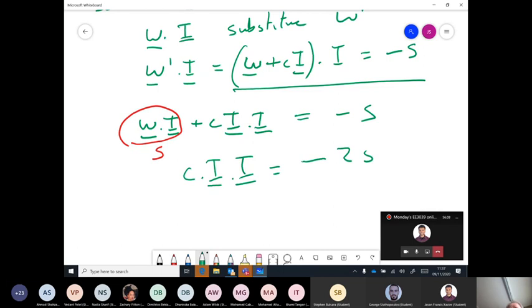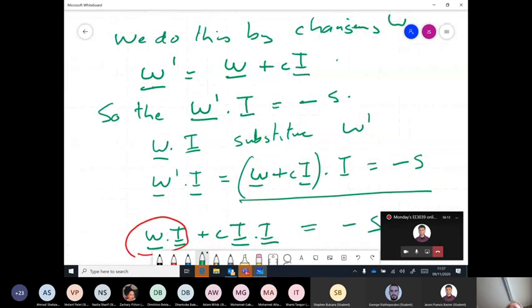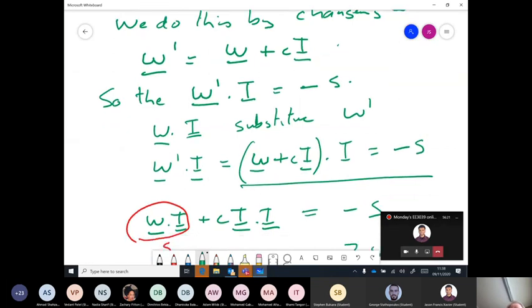C is the correction factor that we need to update our weight vector. Original weight vector, the current input pattern, the unknown in this equation is C. If we know C, we can update the weight vector.